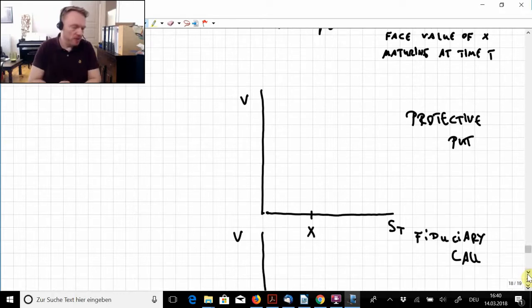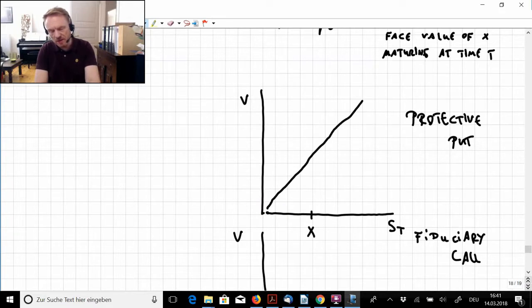If we consider the underlying asset taking on any value, this is the line indicating, a straight line of course, the value of the underlying asset, denoted by ST. But then there's the long put.